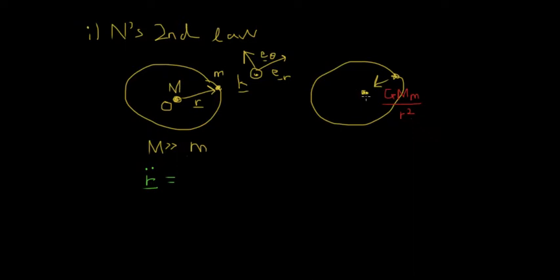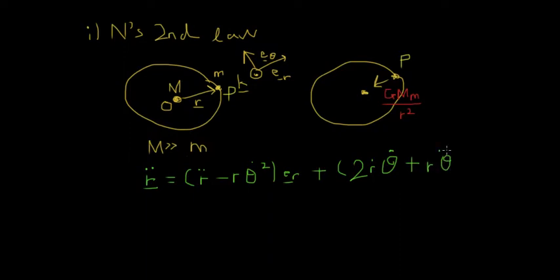The acceleration of this particle, let's call it P, can be written as r double dot minus r theta dot squared, the centripetal term, in the E R direction, plus 2 r dot theta dot, the Coriolis acceleration, which we have in this case but are not going to look into for now, and r theta double dot in the E theta direction.